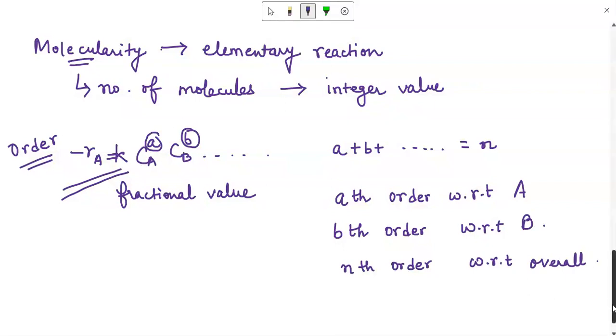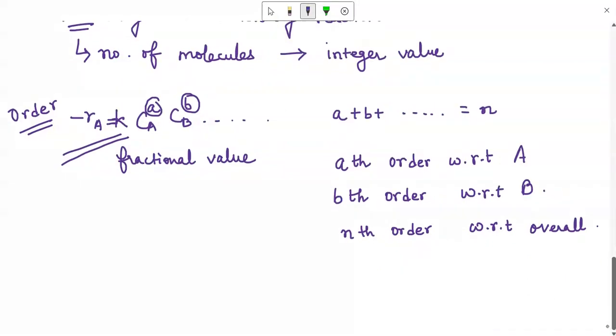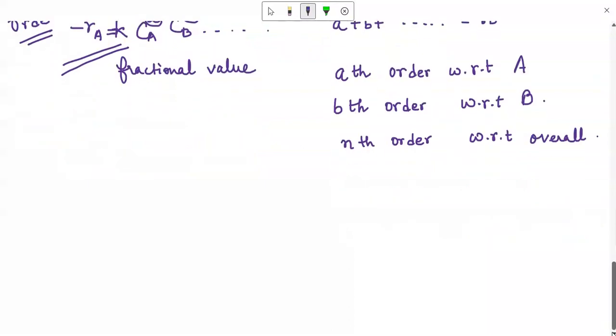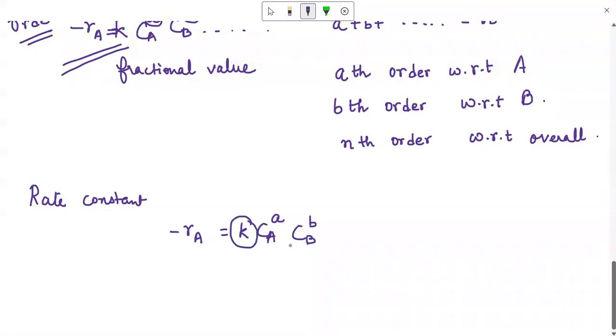Now coming to the rate constant term. Like I told you, this k term over here, we were always writing minus Ra equals k Ca to the power a Cb to the power b. So this k is the rate constant term.